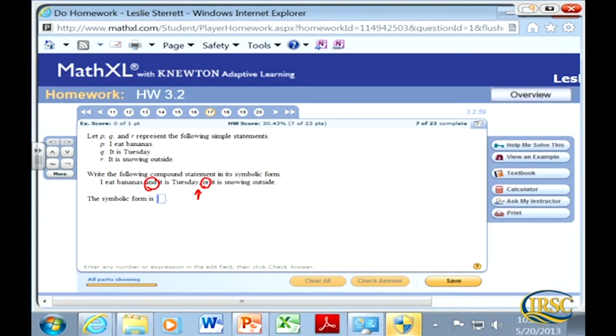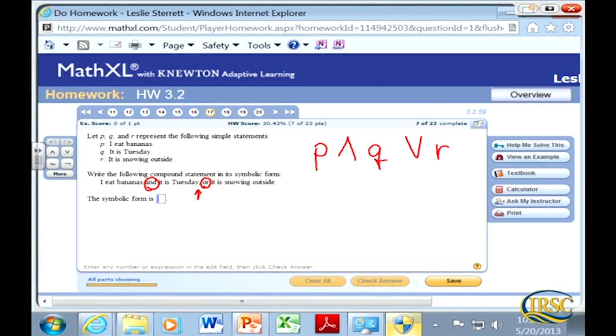Okay, so the comma is important there. Now, does and or, do you have to worry about the order of how the sentence is written? No. So you can just translate it as you see it from left to right. And so I eat bananas is what letter? P. The and symbol is the one that most looks like an A. It is Tuesday, Q. The or symbol, just flip that over. It is snowing outside, R.